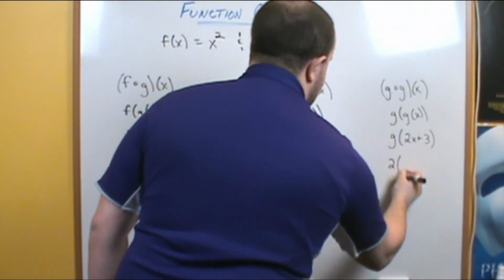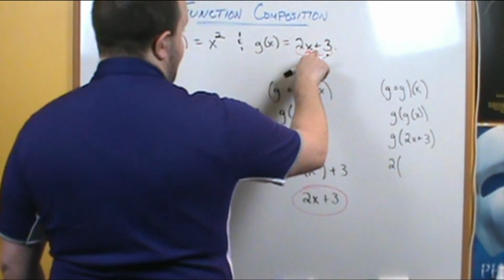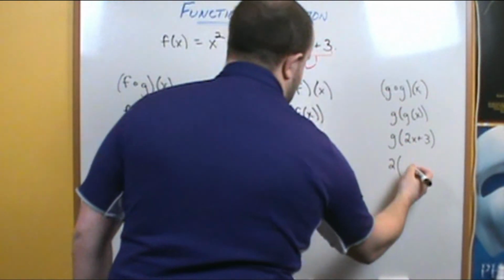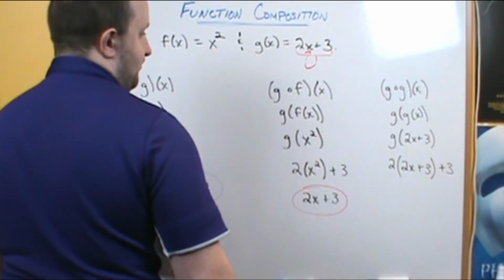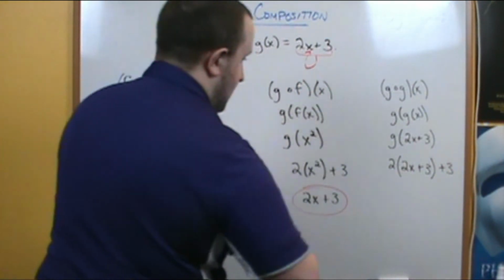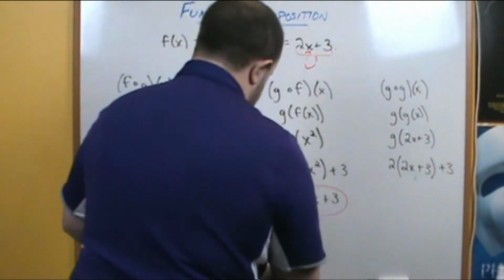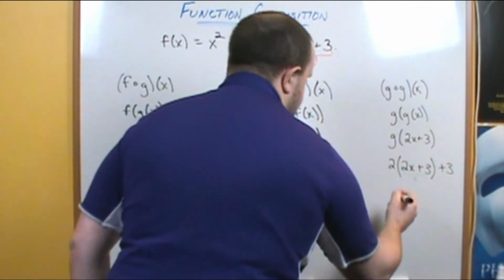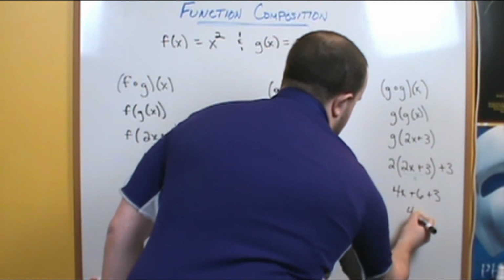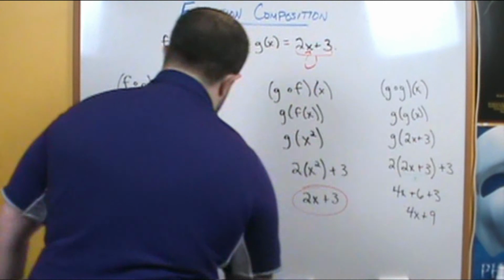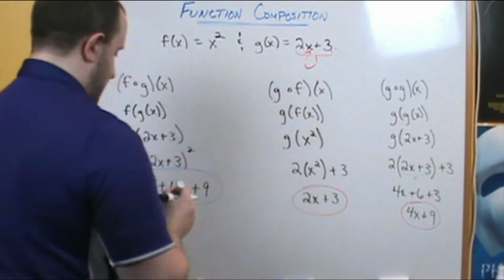So we have 2 times the quantity 2x plus 3, plus 3. This here is what x is in our original function g of x. Then when we distribute the 2, we get 4x plus 6 plus 3, which is 4x plus 9. And there's your answer for g of g of x.